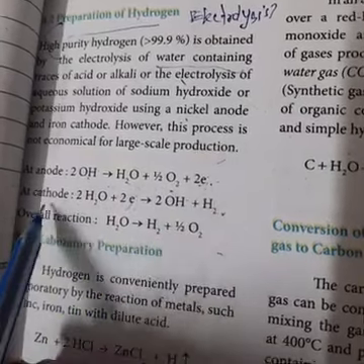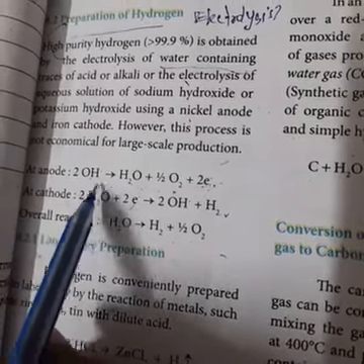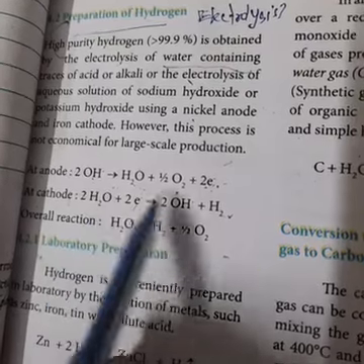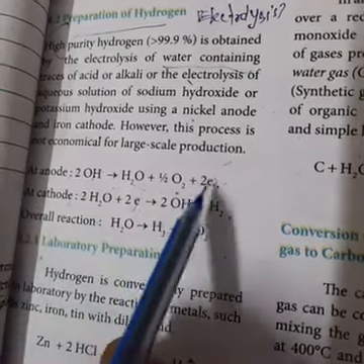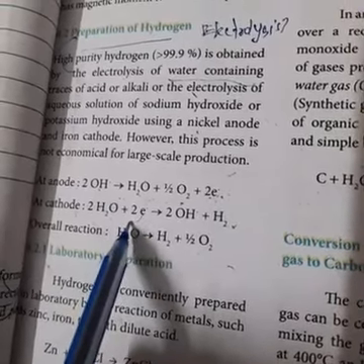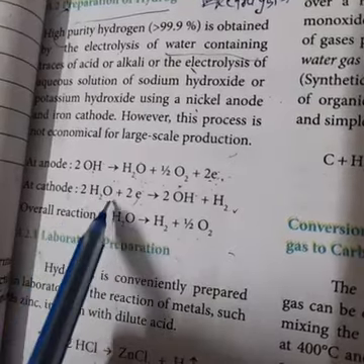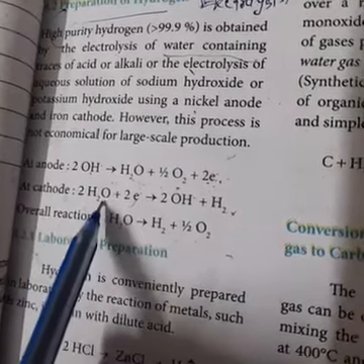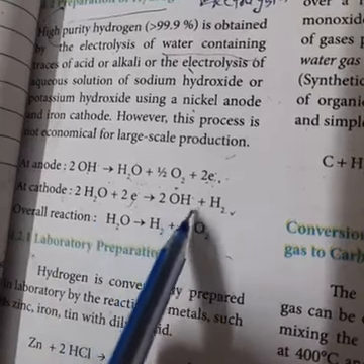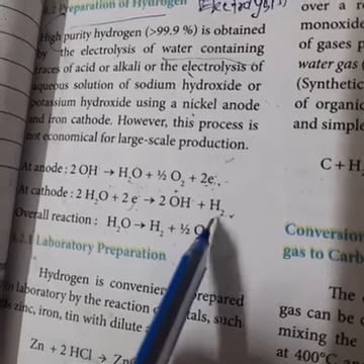At the cathode we also have water plus alkali. The water molecule present at the cathode accepts these 2 electrons, which enter into the cathode, to form OH minus ions and also release hydrogen gas.